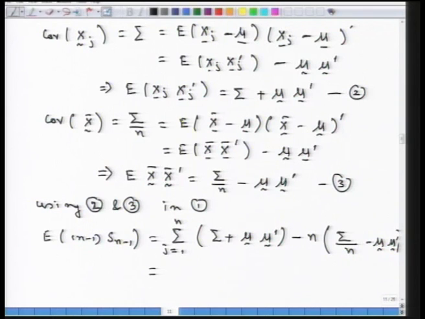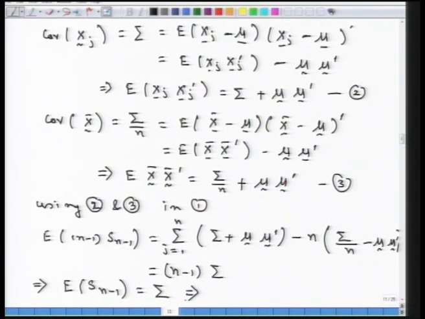Just a minute, this is a plus sign out here, because if you take the expectation of x̄ x̄′ to this side, then you will have sigma by n plus mu mu′. So this is the plus sign out here, not a minus sign. So if one simplifies this, the mu mu′ term will cancel out. So you will have 1 sigma from here, and you will have n minus 1 sigma from here. Then what we will be having here is just n minus 1 times sigma. So this would imply that the expectation of S_{n-1} is just going to be equal to sigma.